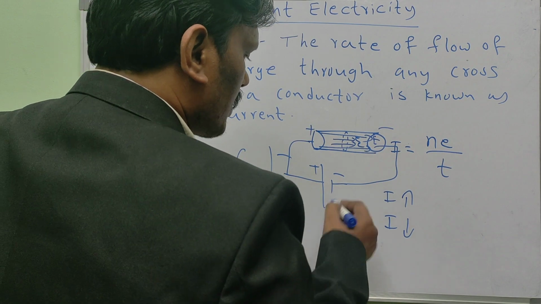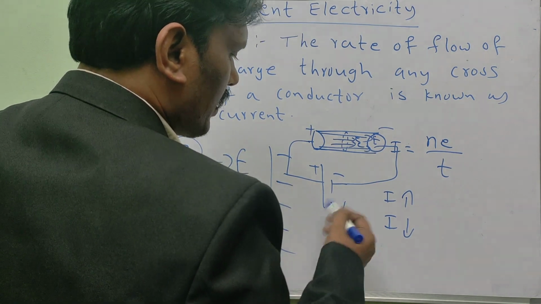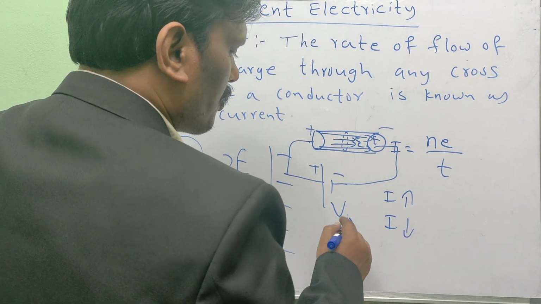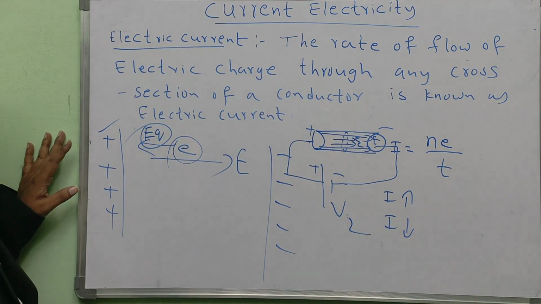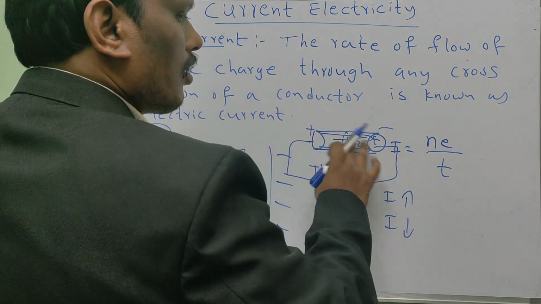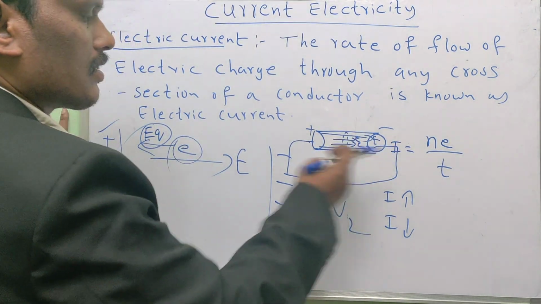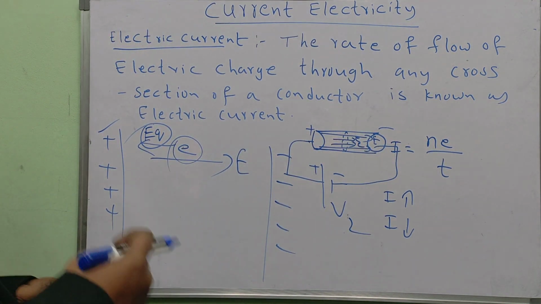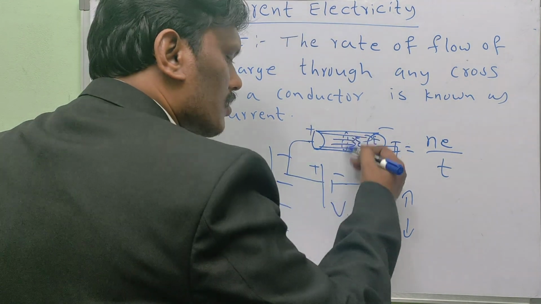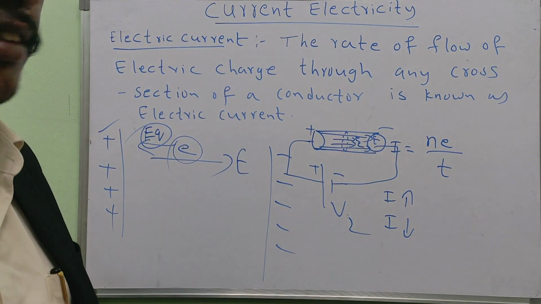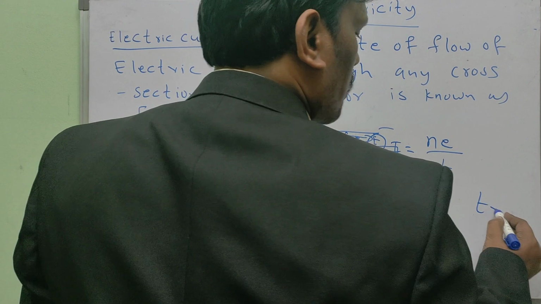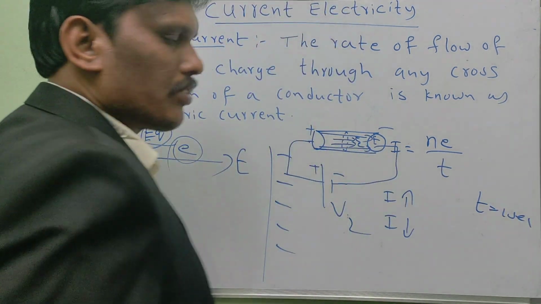If suppose I increase the potential, what will happen? If I increase the potential from V1 to V2, at that time the electric field strength also increases. Then the electric force acting on the electron increases, and more electrons will cross this cross section area in 1 second. Suppose I fix my time as 1 second.